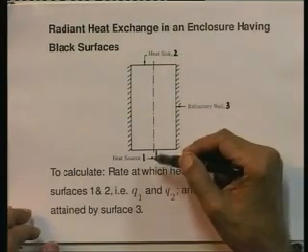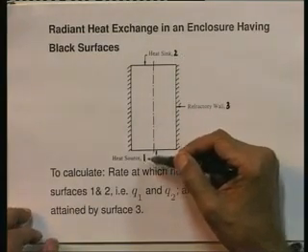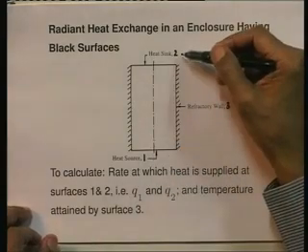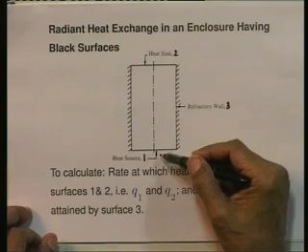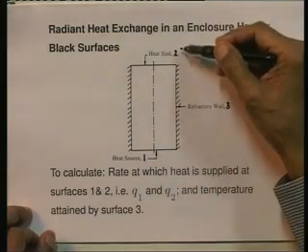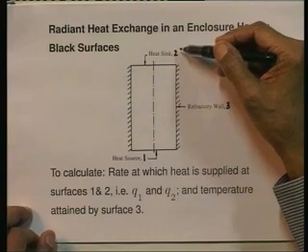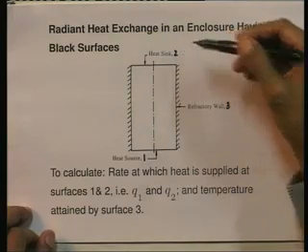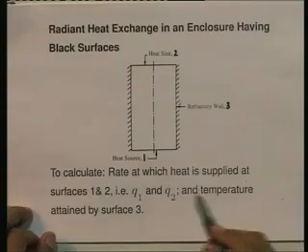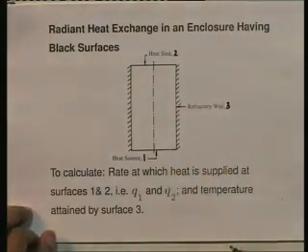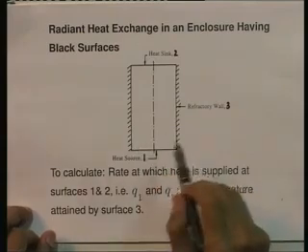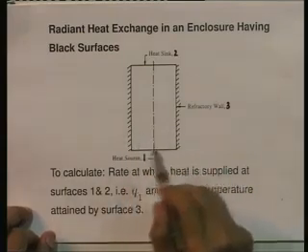So, T1 is the temperature of surface 1 and T2 the temperature of surface 2. Q1 is the rate at which heat is supplied at surface 1 and Q2 the rate at which heat is supplied at surface 2. We would like to find in this case the values of Q1 and Q2 and also find the temperature attained by the wall 3, the curved wall 3.